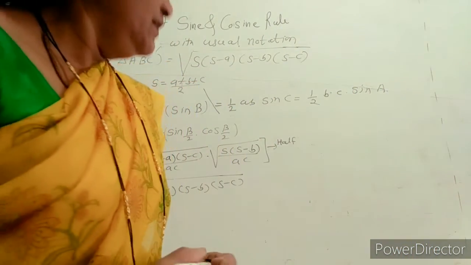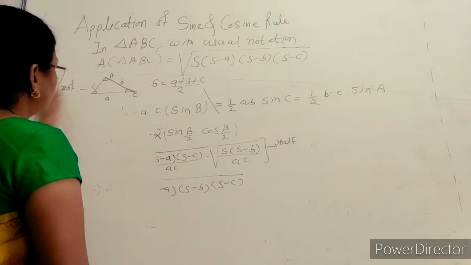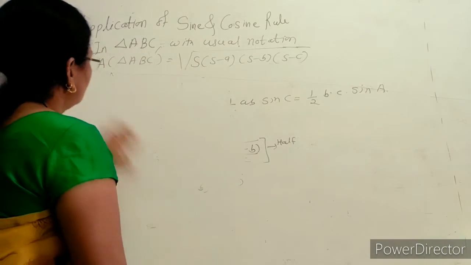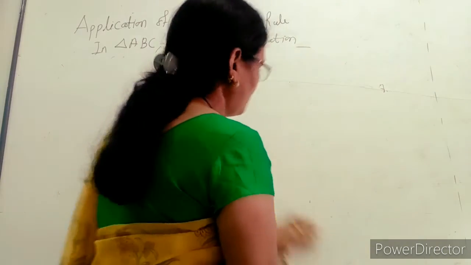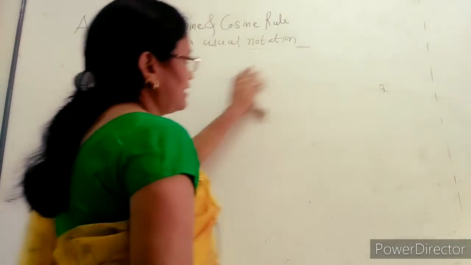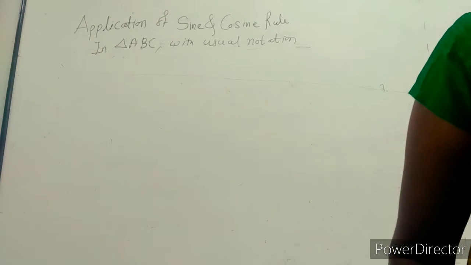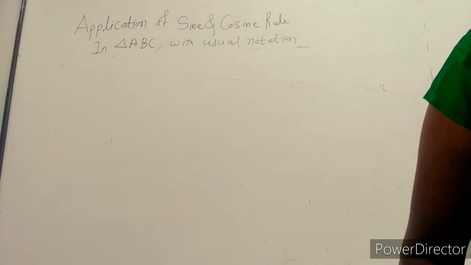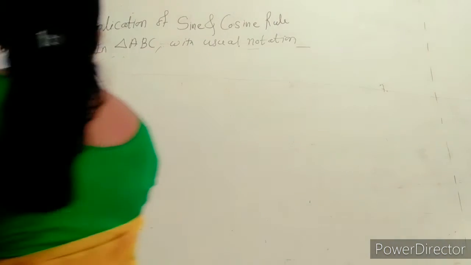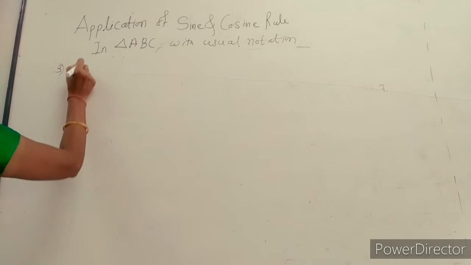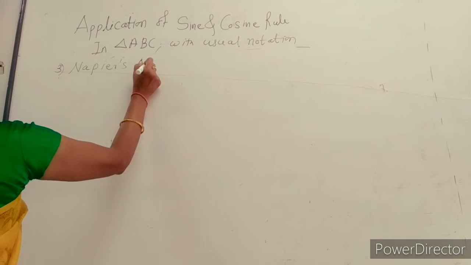Now we see the third application, Napier's analogy, and for this we take again the result in triangle ABC, but here we use the property of angles of a triangle, the measure of angles of a triangle. That statement is given in your textbook as the third application, Napier's analogy.